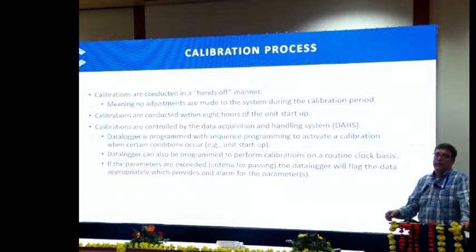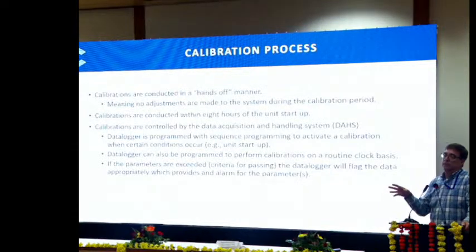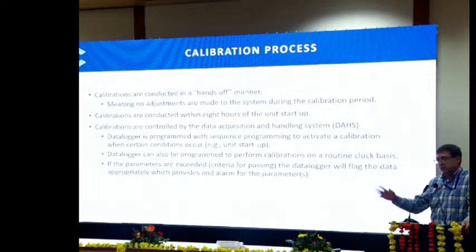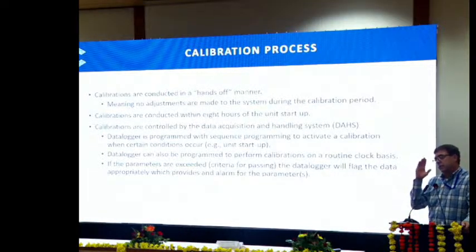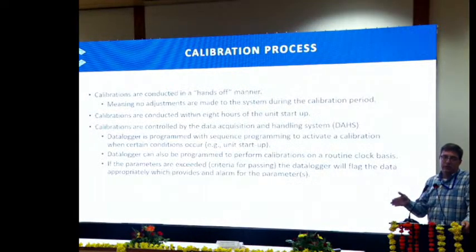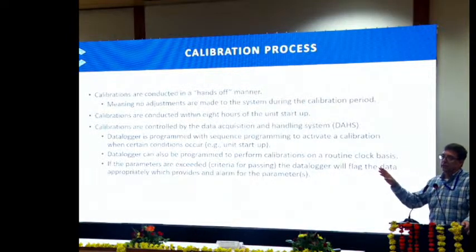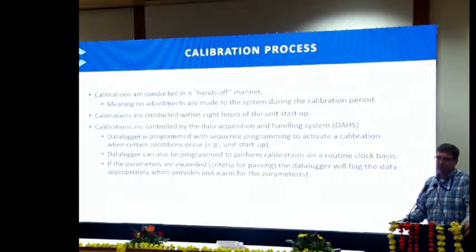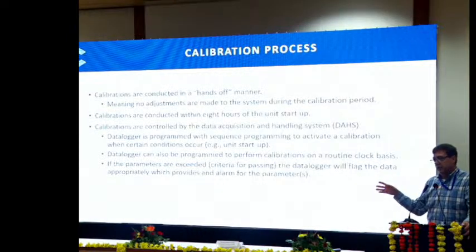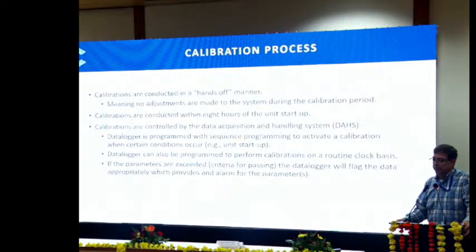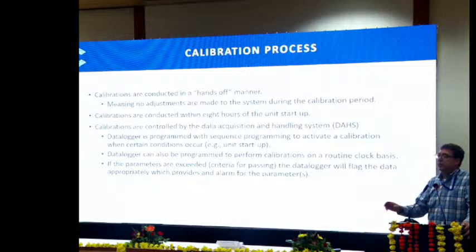So if we put fire into a boiler, when we're in startup, it'll be flagged with, say, an F, for example, for fire, and that will start the timer. And after an 8-hour period of time, as long as that clears and you're moving forward, then it will automatically go into the calibration sequence and trigger the valves as needed to send the gases. At that same time, those equations are looking for values that are within the acceptance criteria.